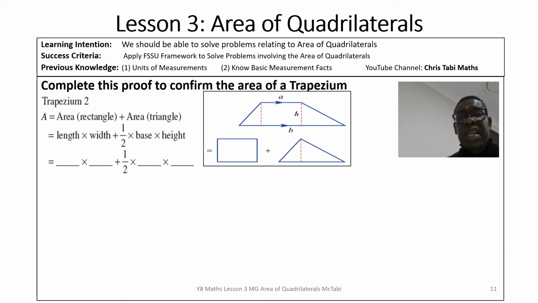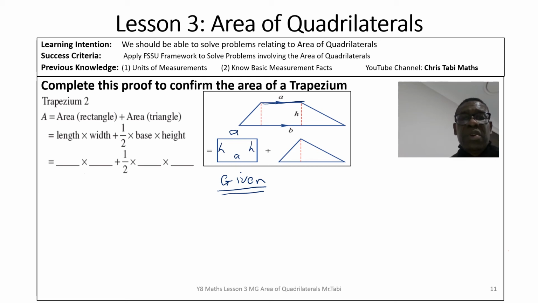Now, let's work out what we already know given. What is it that we know? If we look at the rectangle, that distance here is a. So we know this is a, which is the same as that. And that is h.